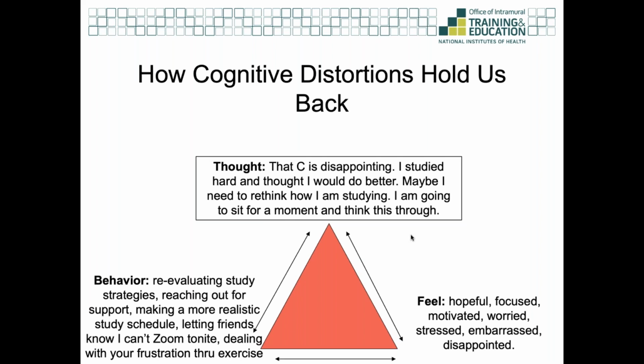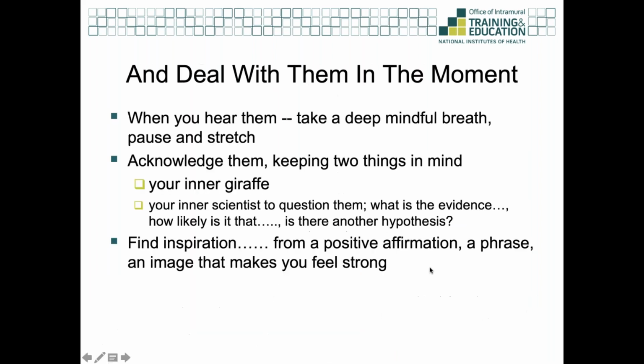So we go to exercise to deal with some of that frustration and disappointment. We change our thoughts. That helps us change our feelings and behaviors. And we have a much better chance of moving forward positively. So that's HATS. Hear it, appreciate you have a choice, talk back, and seek resources.